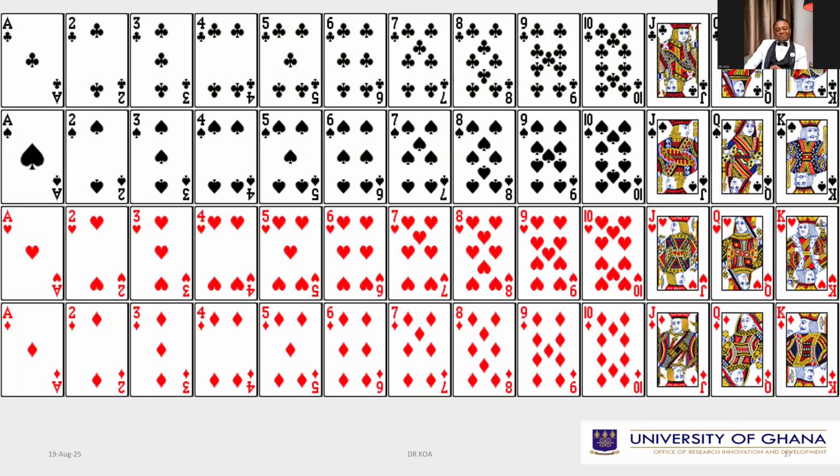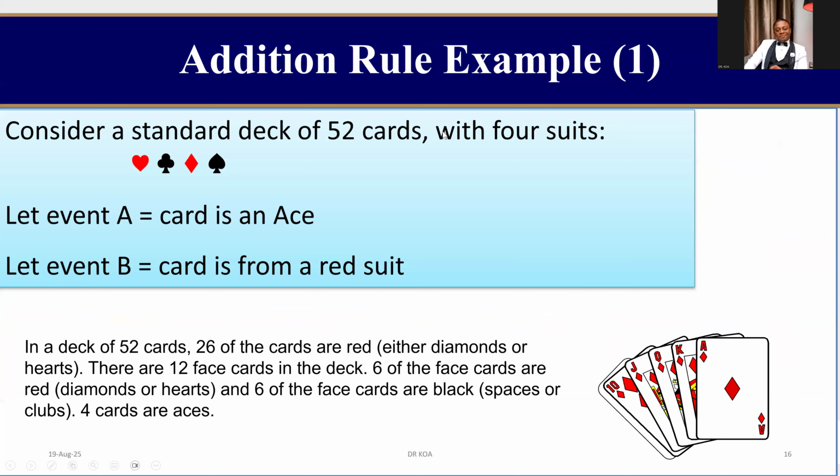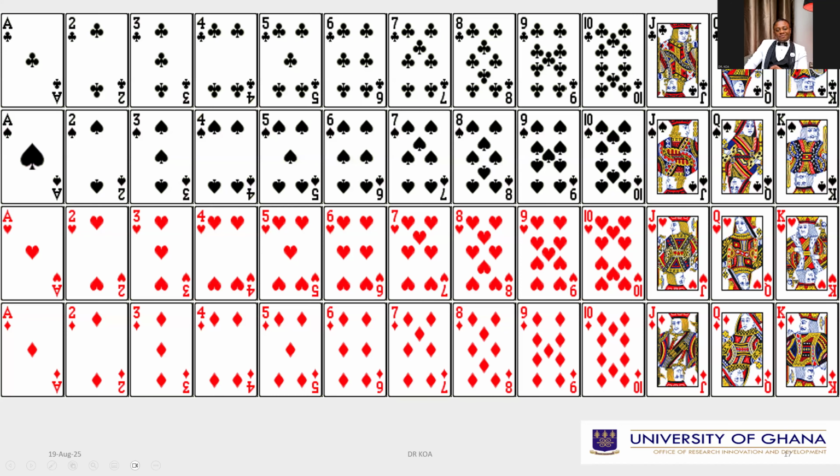Or let's put it this way. What is the probability of having red union ace? Red union ace. You can tell us. The probability of having red union ace.